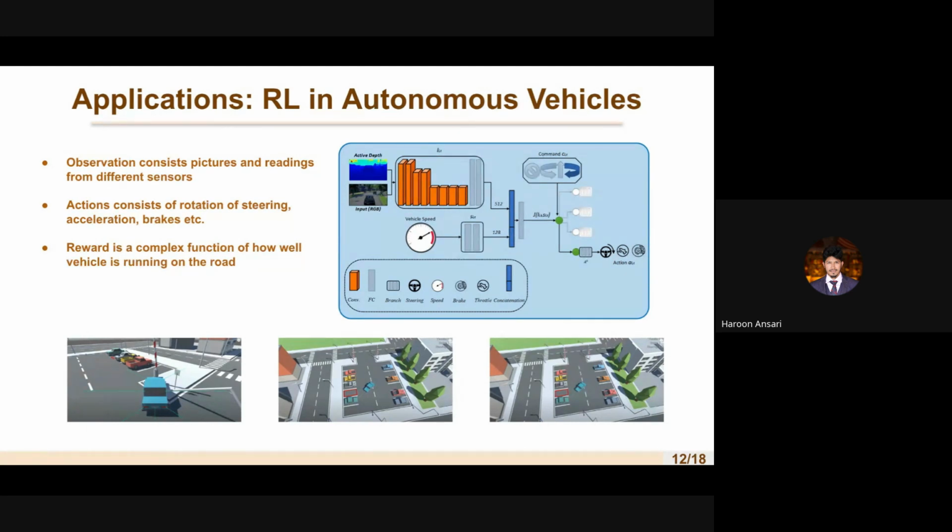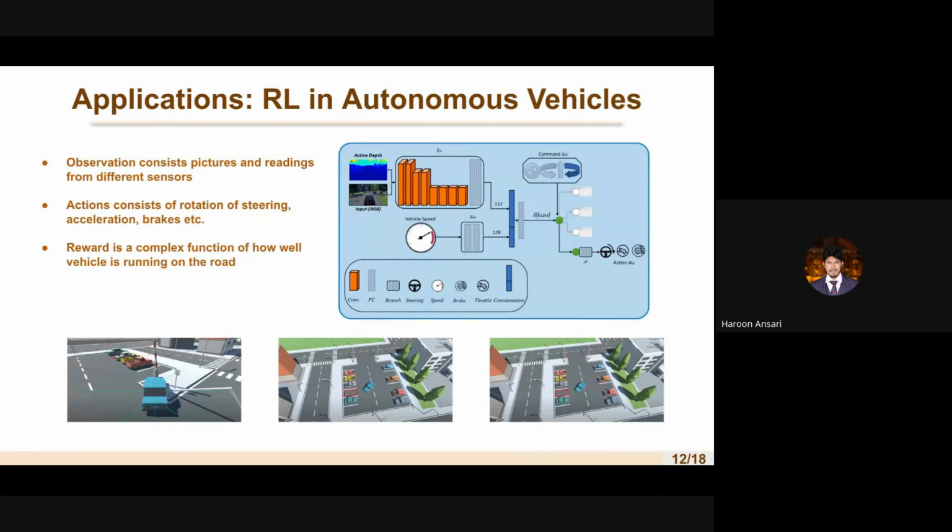Fine, it stays on the road and does not hit anyone. But then it may not move forward at all, becoming stationary, thinking that if it moves forward it might hit something. So then you say, okay, there should be some reward associated with movement also. So a reward is a complex function, that is what I want to convey.